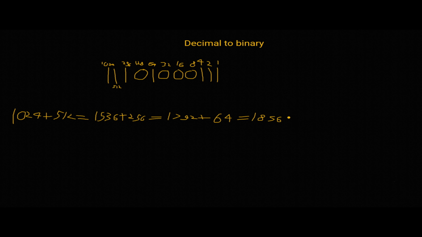Yes. Plus 4 plus 2 plus 1, so 1856 plus 7 equals 1863.